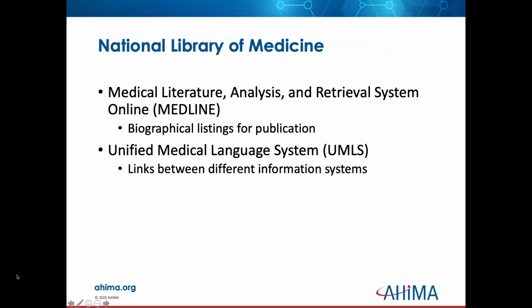There's also the National Library of Medicine. You may have heard of Medline, where you can go online and look at medical literature. And then there's UMLS. This is a unified medical language system that links between different information systems.